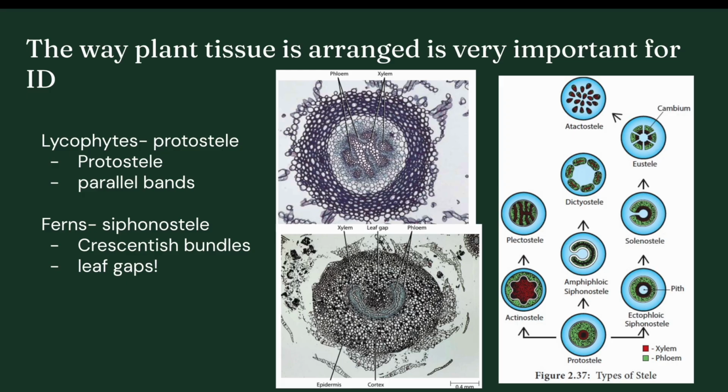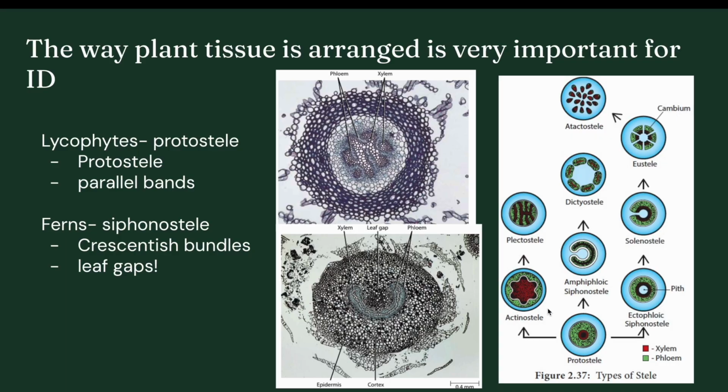relationships. For example, a long time ago, plant biologists thought that vascular plants and their eusteles evolved directly from the siphonosteles of ferns. But actually, through examining the ancestors of ferns, vascular plants, and seed plants, they were able to figure out that the eustele of seed plants was derived directly from the ancient protostele and did not emerge out of the fern, which means that seed plants also did not emerge out of the fern, but instead diverged early from the original ancestor of vascular plants, which is really cool.